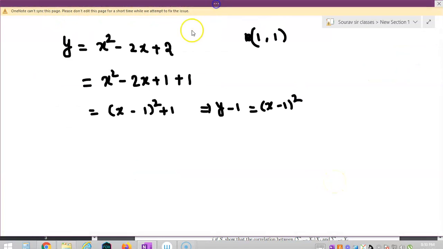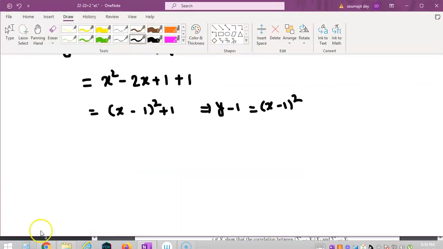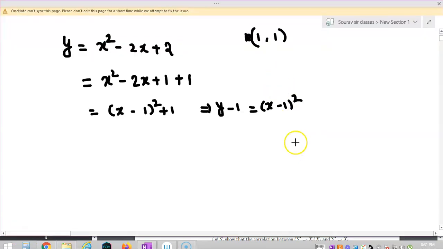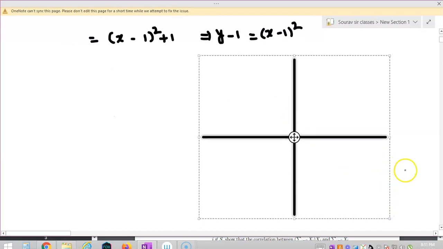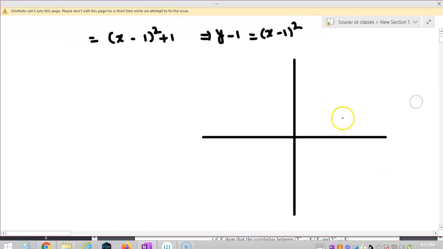So if this is our axis, let me draw the axis, and suppose this is our (1, 1), then the graph of the parabola looks something like this, right?